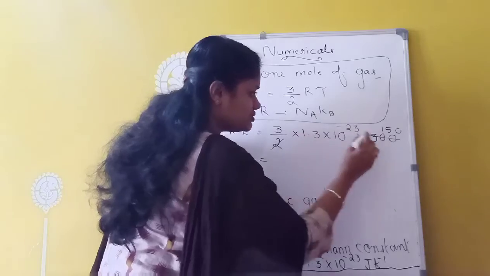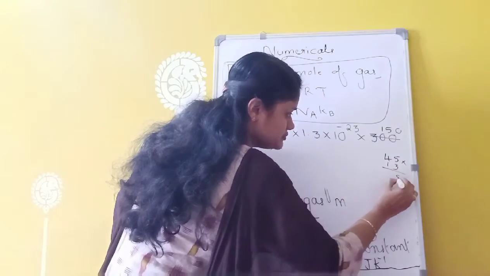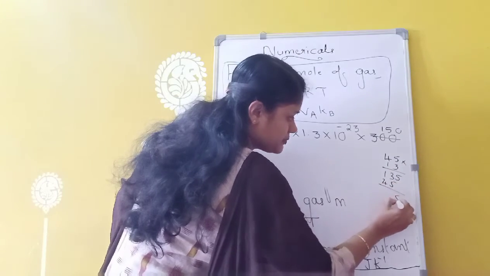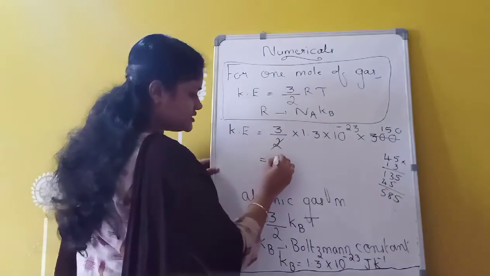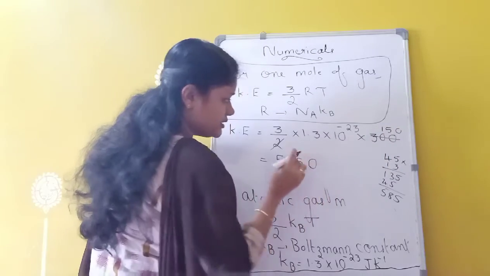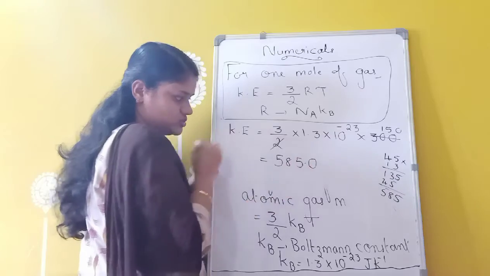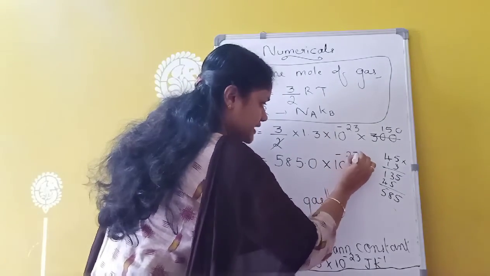So this 45 into 13 we will be getting 585. Here one more 0 is there, and after the decimal there is 1 digit, so I am putting the decimal 1 place to the left. So 585 into again 10 raised to minus 23.